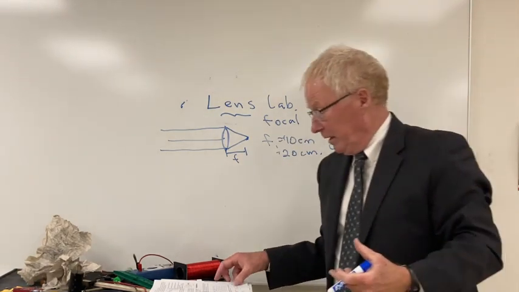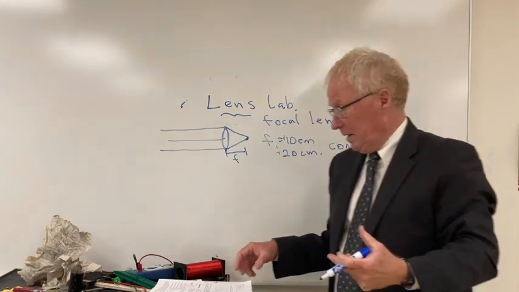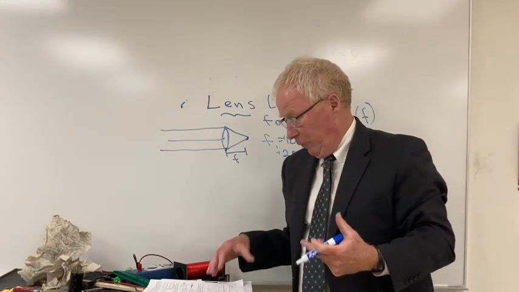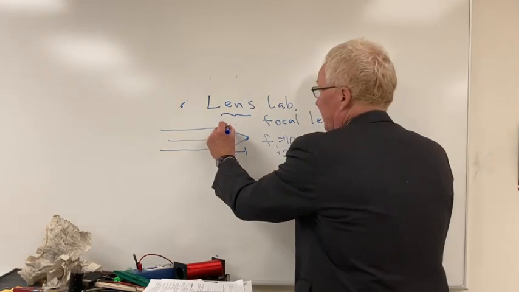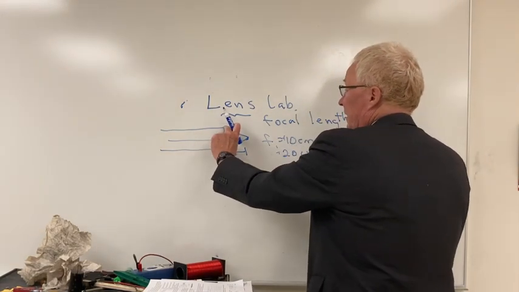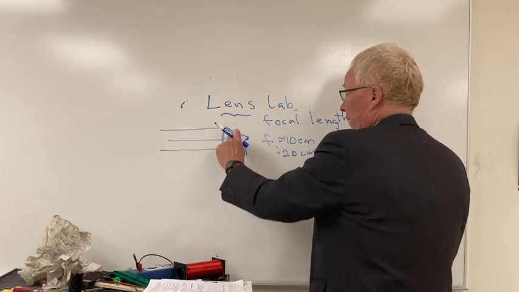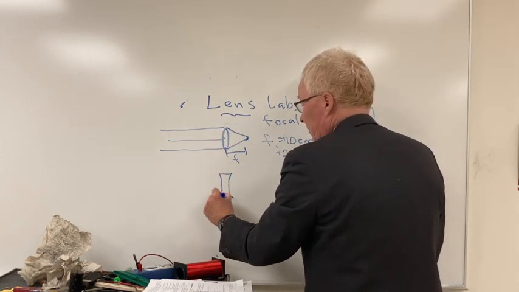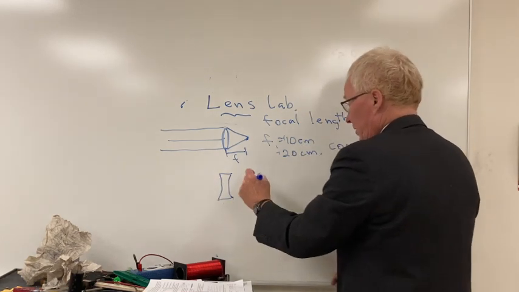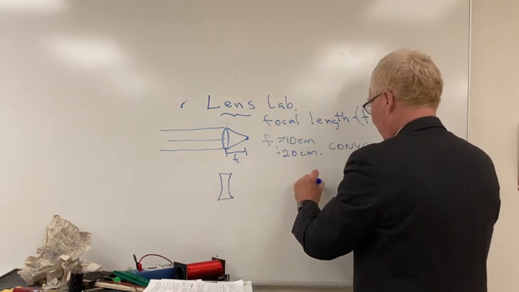Now, on the other hand, if we have a lens where instead of the edges being thin and the middle thicker, the ends are thick and the middle is thinner, this is what we call a concave lens.